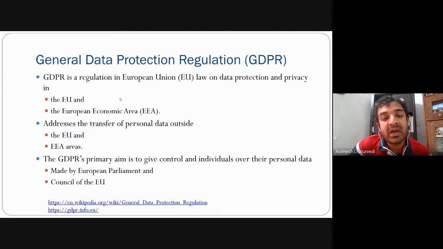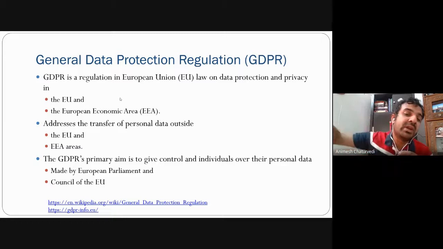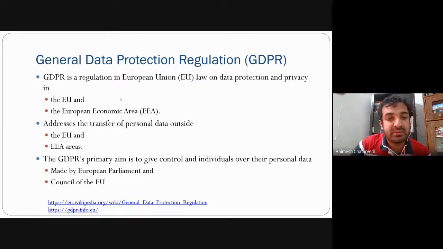The European Parliament made it, and then the European Council has been managing and maintaining the primary things of this GDPR. So it was made by the European Parliament and the Council of the European Union. These strong federal and government agencies are involved in this GDPR.